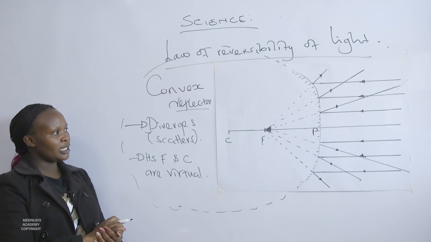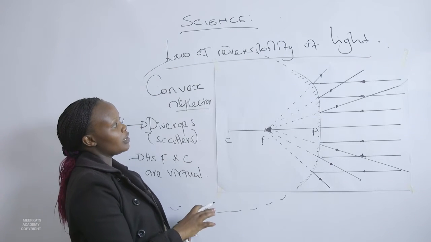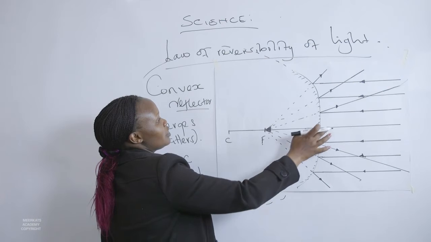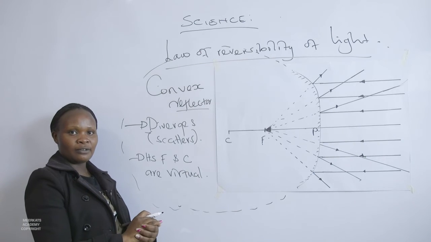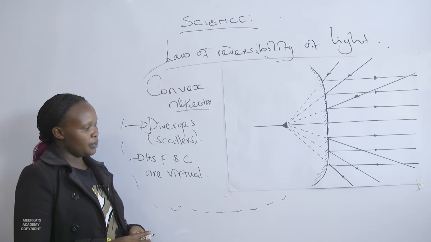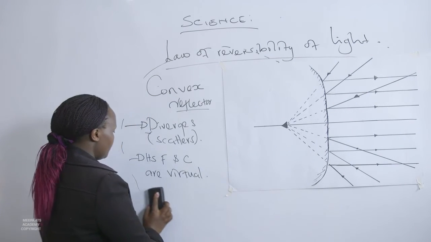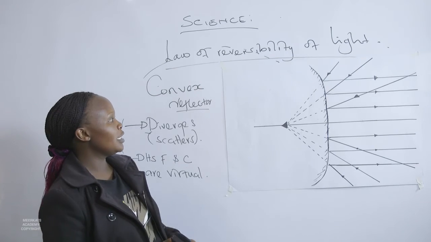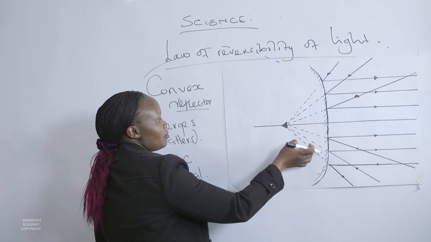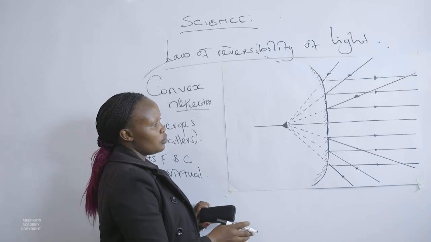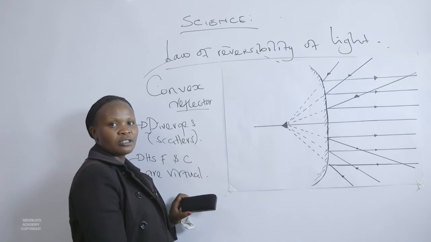We could consider a reverse of those paths, so that we consider now a ray that is convergent on the surface and see how it is reflected. We reverse the same path and use the same reflector. We will find that these rays which appear to converge at some point F are reflected in such a way that they are parallel to the principal axis.